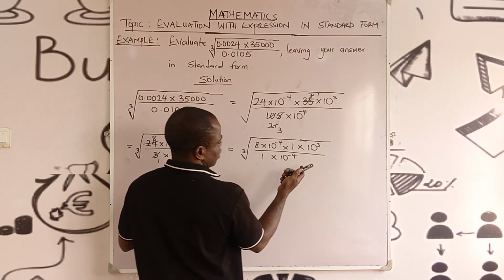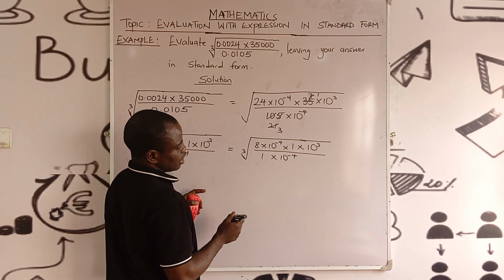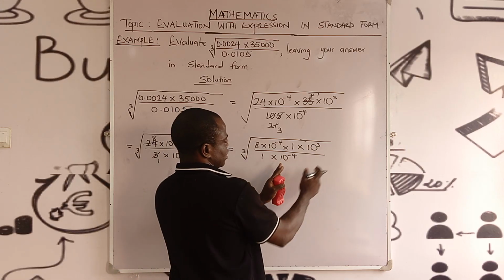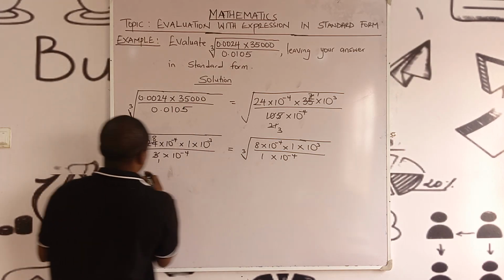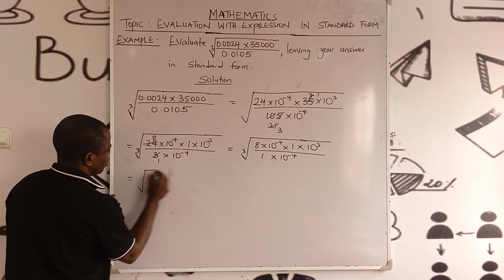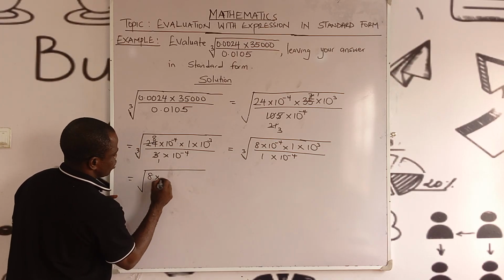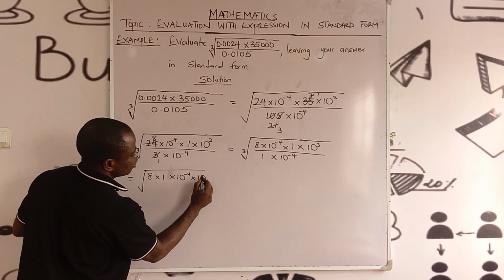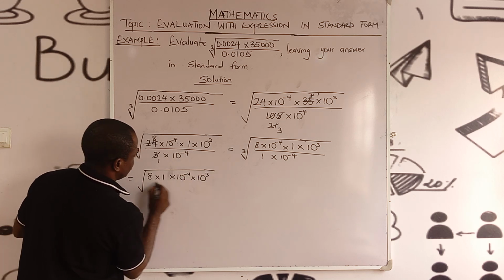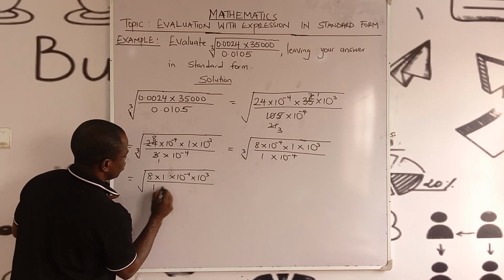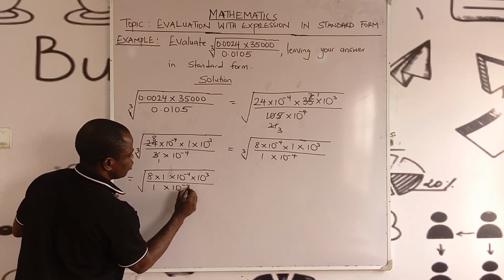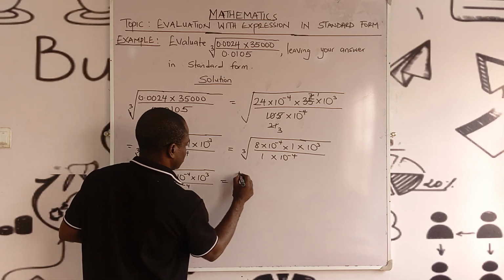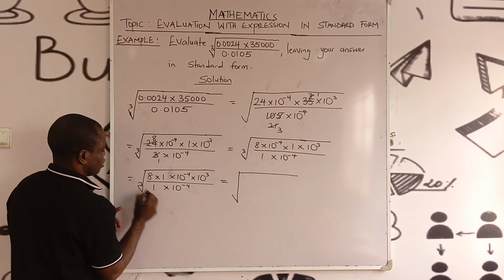Now, let's collect the like terms: 8 times 1, that is 8. Please don't forget your cube root.